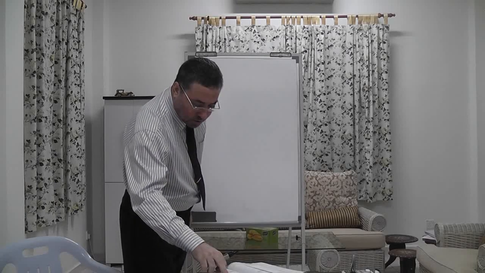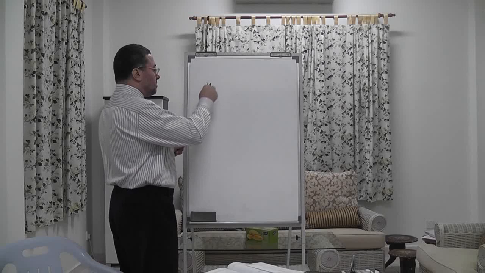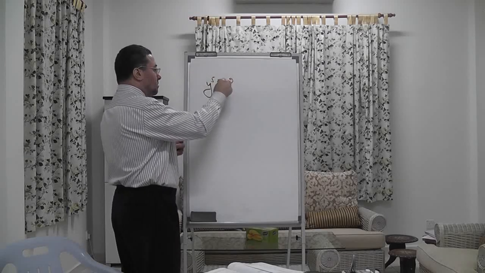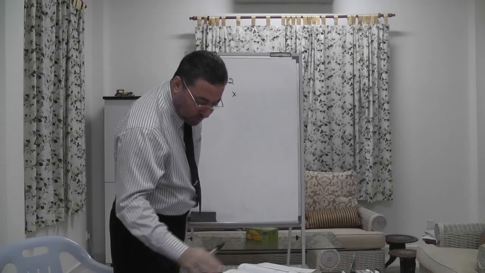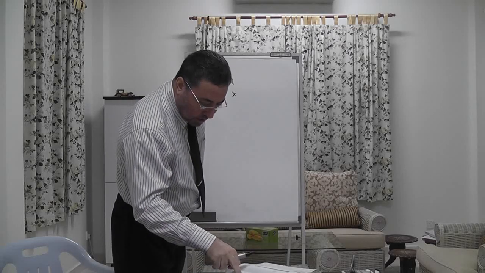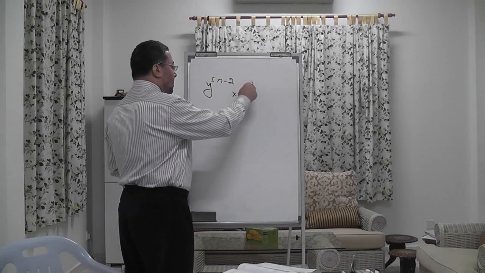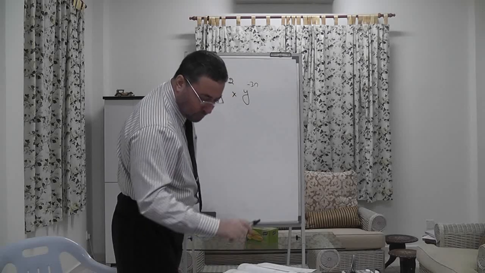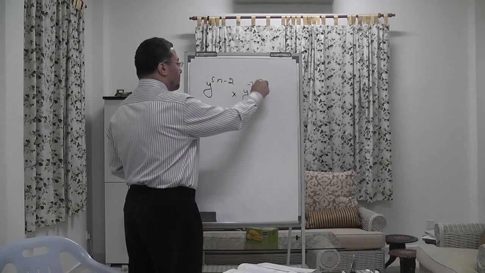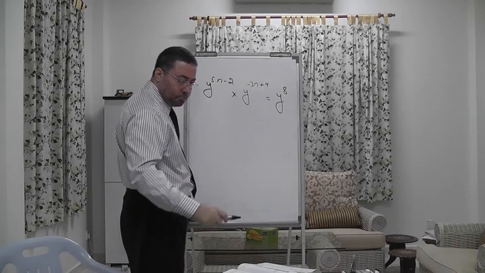Number 35. Raised to 5n minus 2 times y raised to minus 3n plus 4 equals y raised to 8.